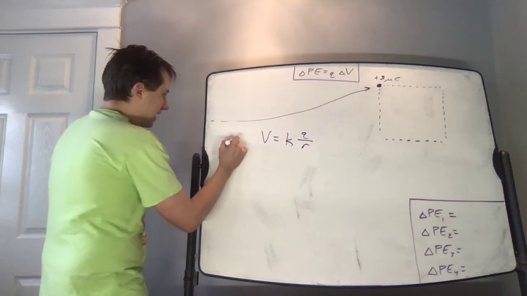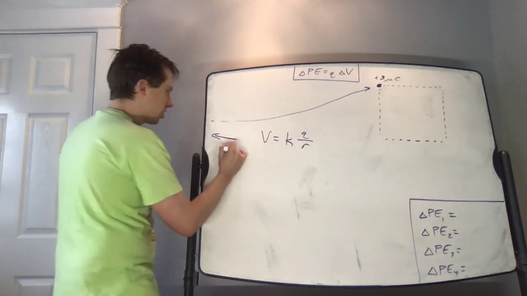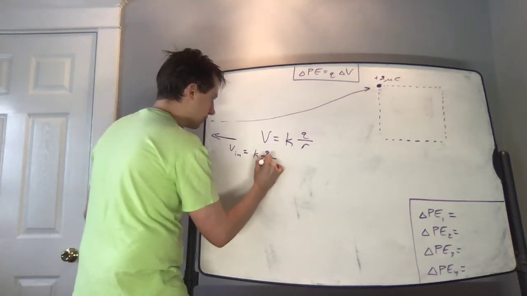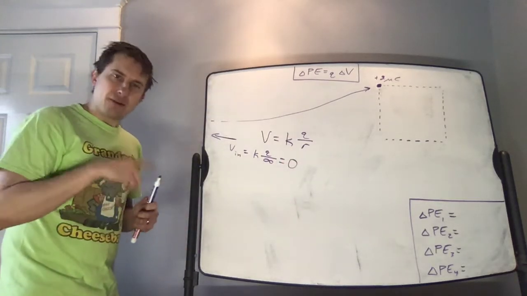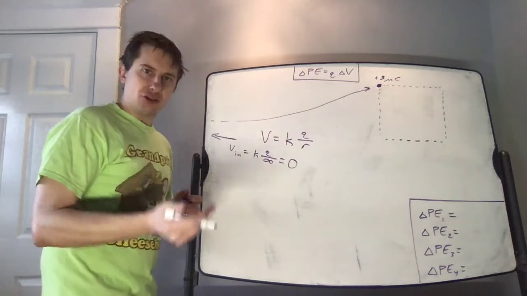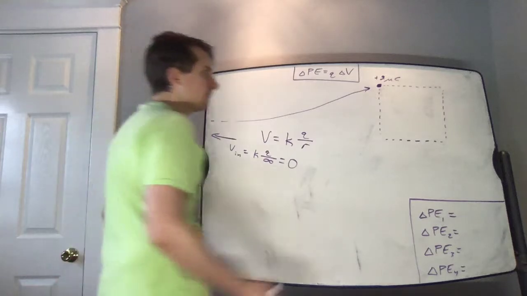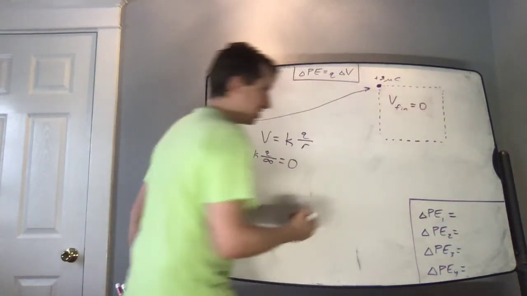So I could say at the initial position of the +2 microcoulomb point charge, V initial is going to be kq over infinity, which is just equal to 0. And at the final position of this point charge, the electric potential due to the other charges that I did not move is going to be V final, also equal to 0.